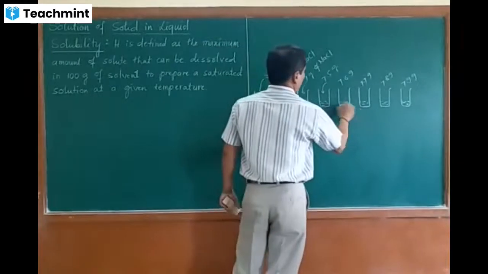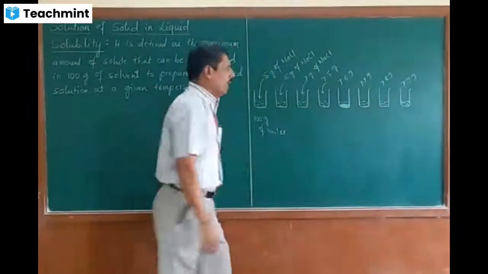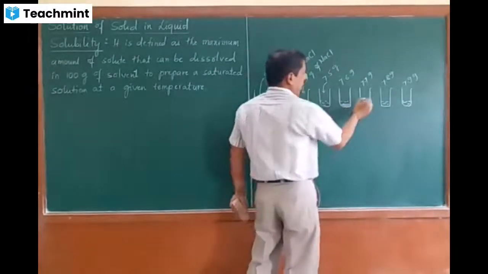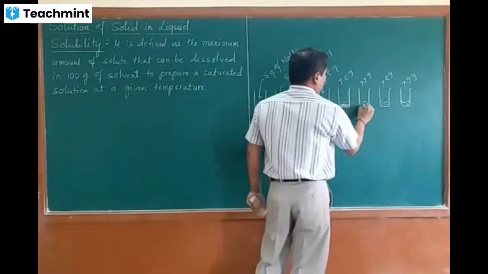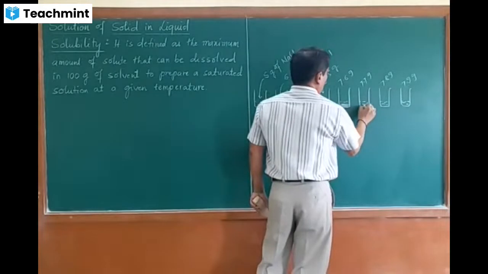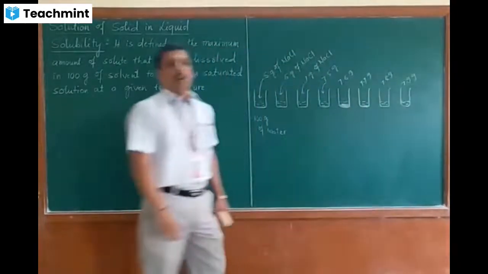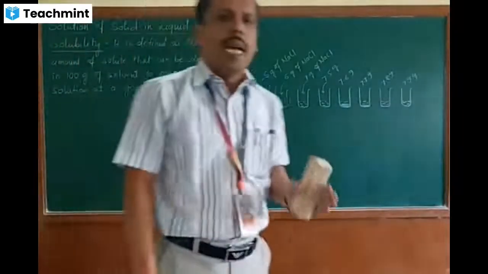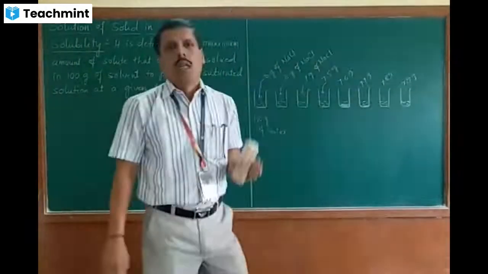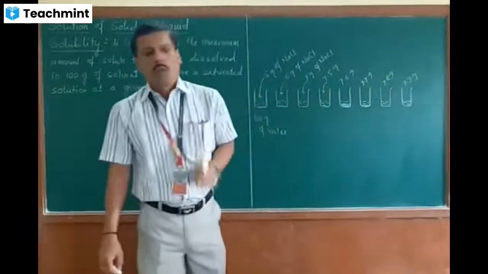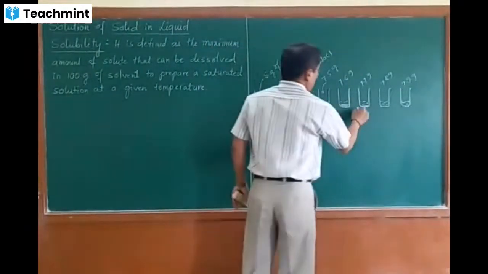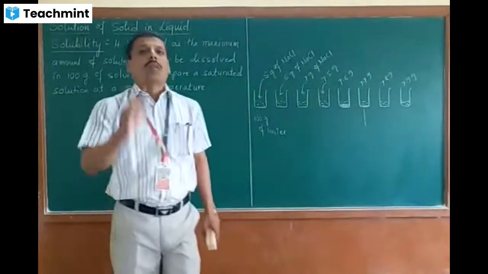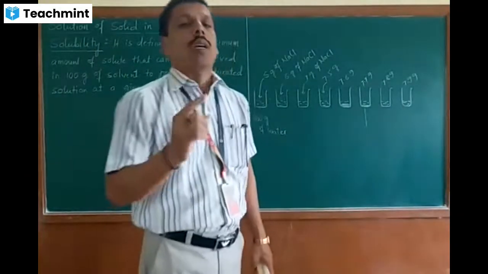This must have all dissolved. Think that. But here we added 7.6 gram, and this is all correct. Here we added 7.7, and some part of the salt remained undissolved. Some part of the salt remained undissolved. It remained without dissolving. Then these solutions that came after are all saturated solutions.